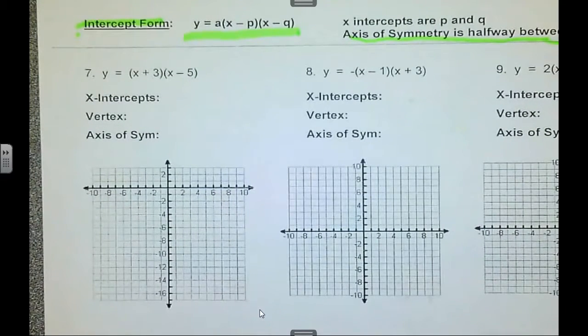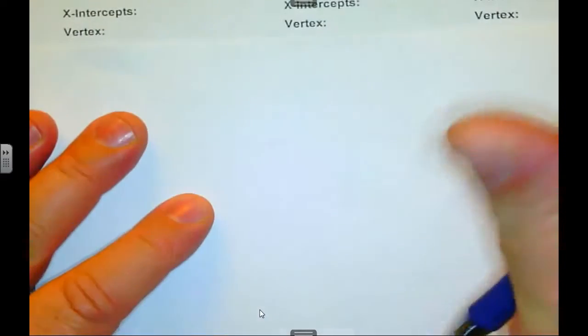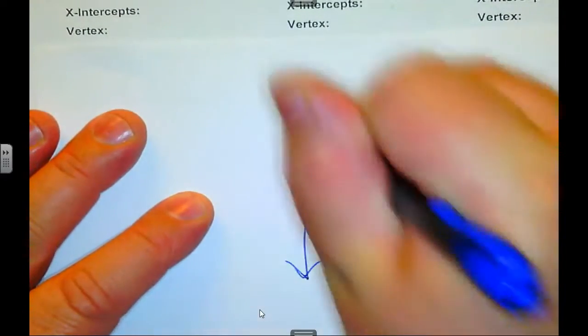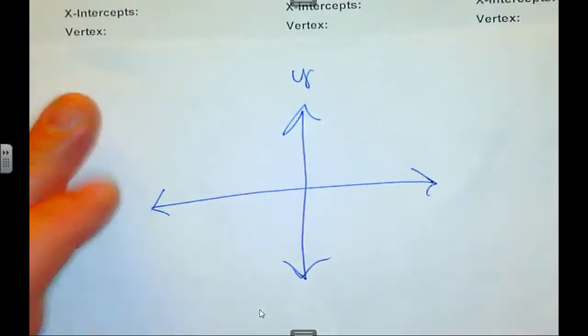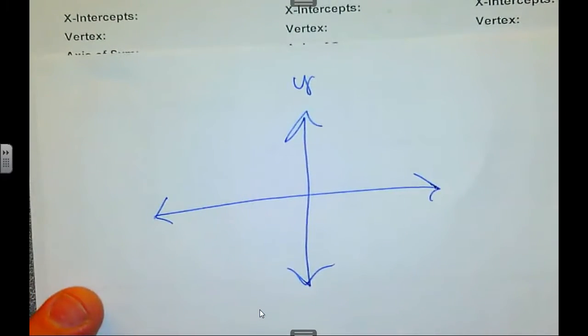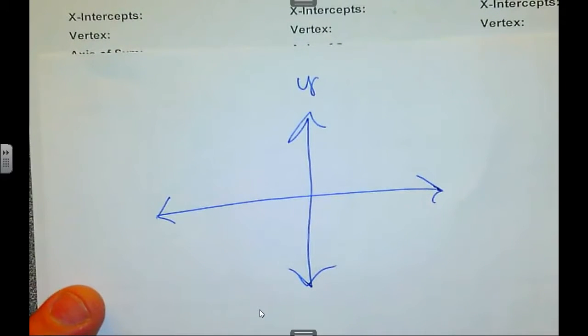So for a parabola, it's kind of unusual because if I have my x and y axis, I actually have 3 possibilities of how many roots or zeros my parabola can have, right?